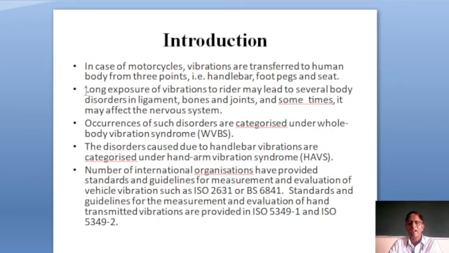As far as hand-arm vibrations are concerned, the standards are ISO 5349-1 and ISO 5349-2. These are the 2 ISO standards which provide the guidelines for hand transmitted vibrations to the human body.